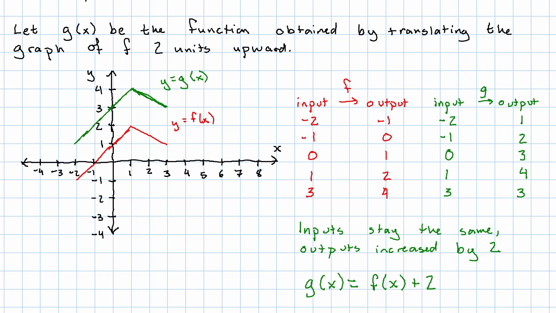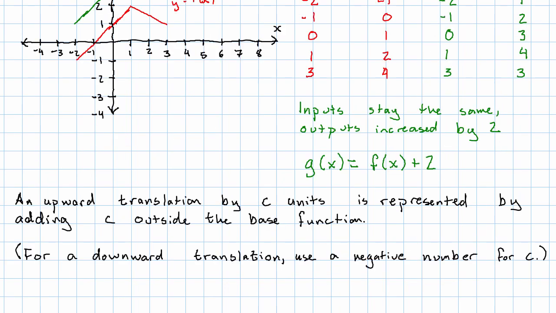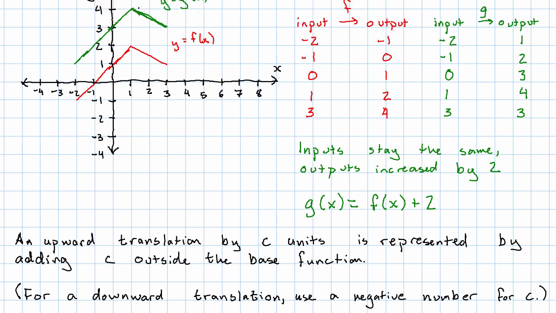We can write this down as a general principle. An upward translation by c units is represented by adding c outside of the base function. So we added 2 outside of f in order to get our upward translation by 2 units.